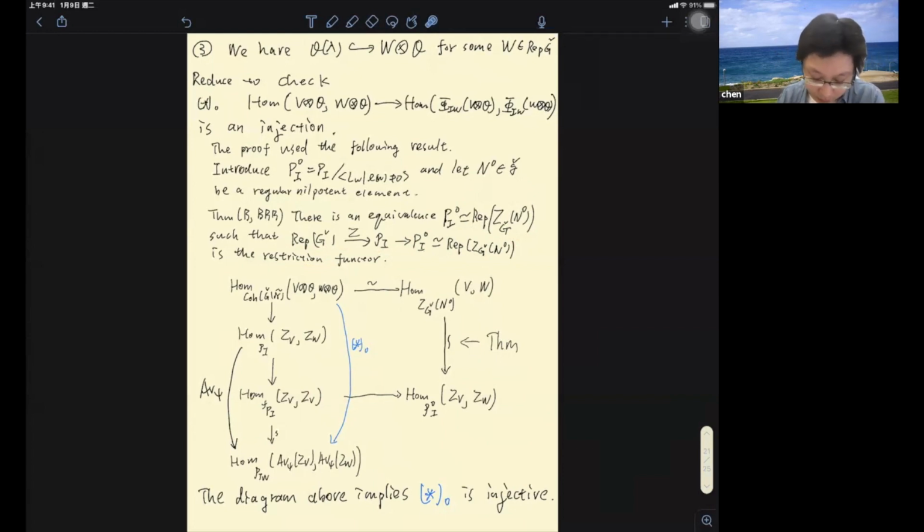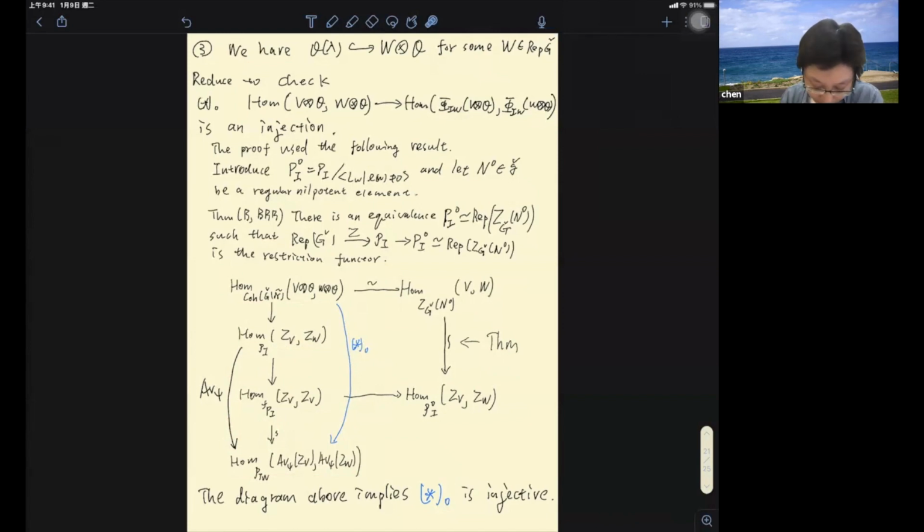And now from this, we are basically done, because our functor, the one where we want to prove that it's injective, is given by this, by definition. You take the central functor, and then you take Whittaker averaging, but the Whittaker averaging factors through this quotient category, and the induced functor here is a fully faithful embedding, so it's an isomorphism. So this is the functor we want to show is injective.